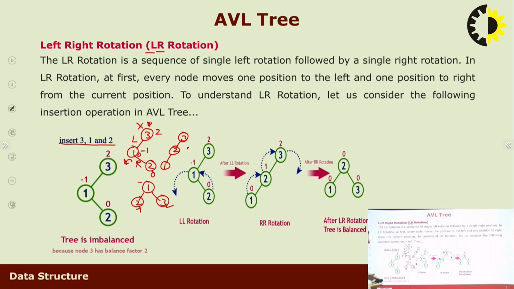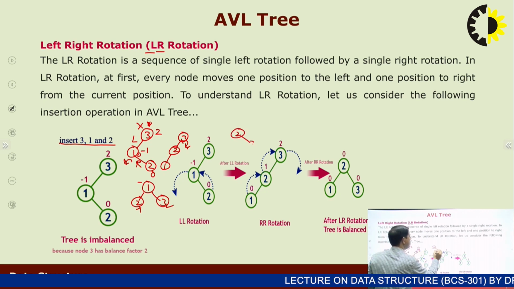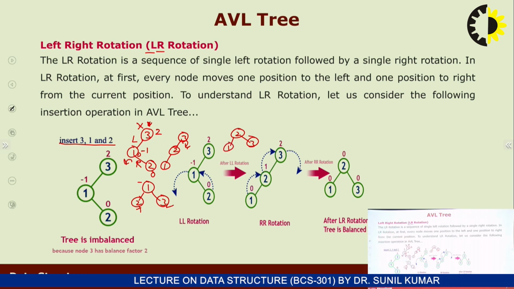That means we are freezing this part and we are rotating like this. That will be 3, 2, 1. That is the first rotation. The second rotation is right, because the tree is unbalanced at node 3. If we are rotating at 3 as a right rotation, it will be 2, 3 and 1. Now the tree is balanced.